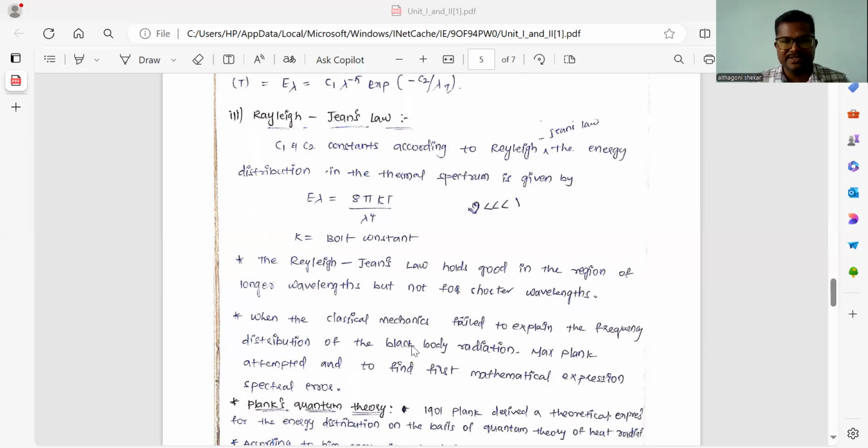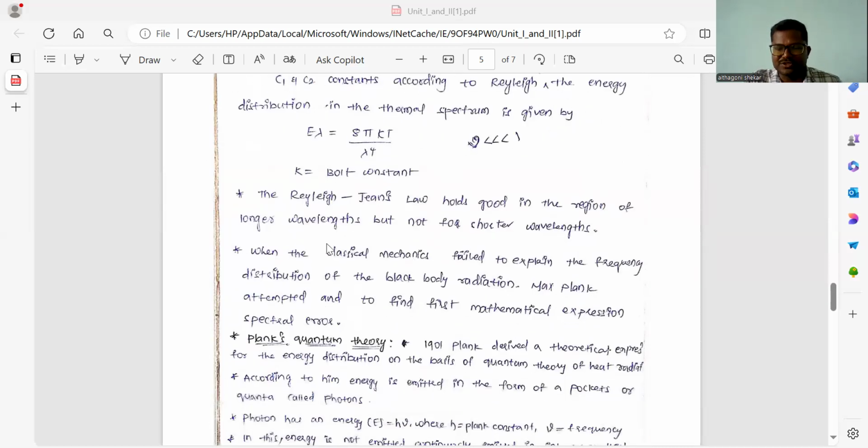Why does it decrease at the longer wavelengths? It does not give the correct statement. So Max Planck attempted to find the first mathematical expression to rectify classical mechanics and the shorter wavelength distributions.